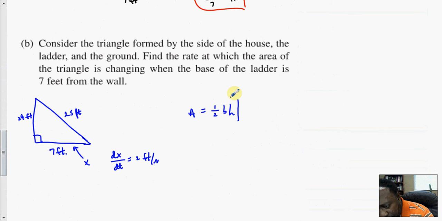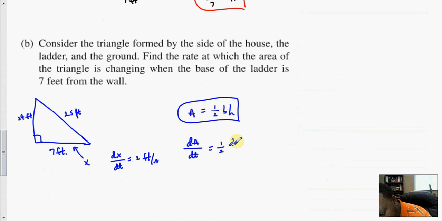Now we take this primary equation and we calculate the derivative. So here dA over dt is equal to 1/2 times dB over dt times the height plus 1/2 times the base times dH over dt.